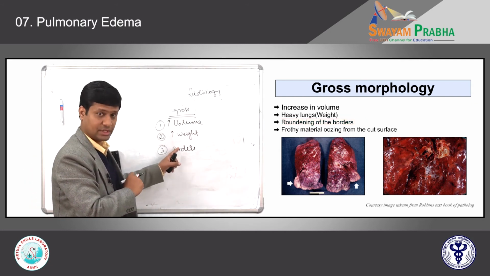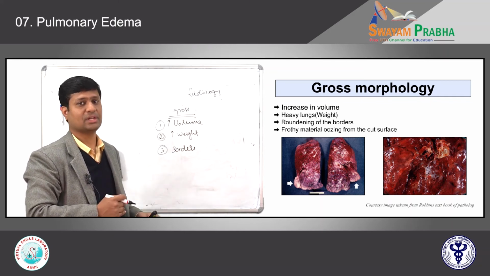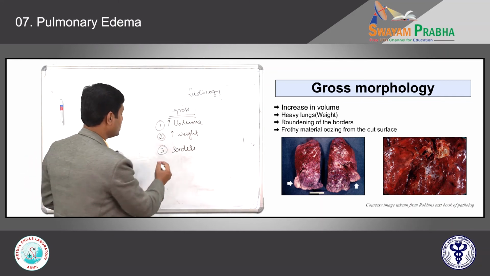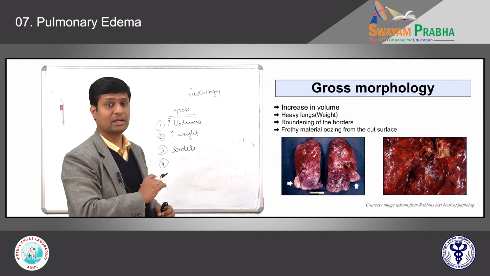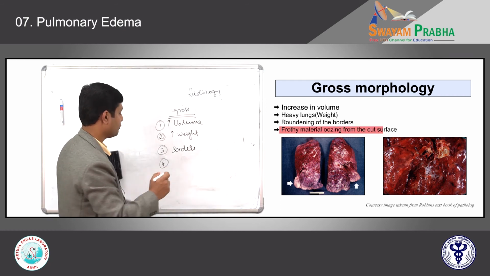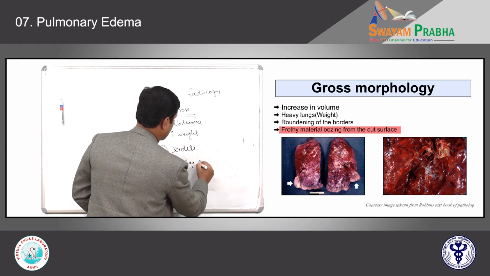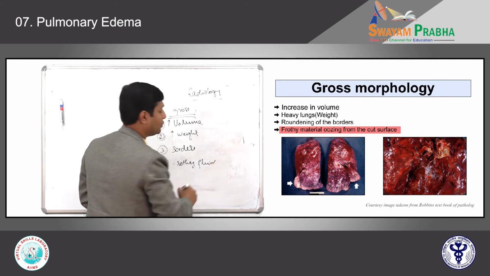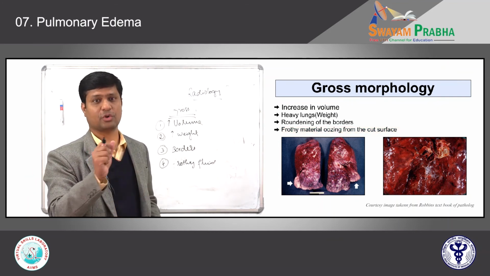So after this, when you cut the lung and squeeze it, what will happen? Because the lung contains water along with the air, when you squeeze it, you will see frothy fluid that exudes from the cut spongy surface.